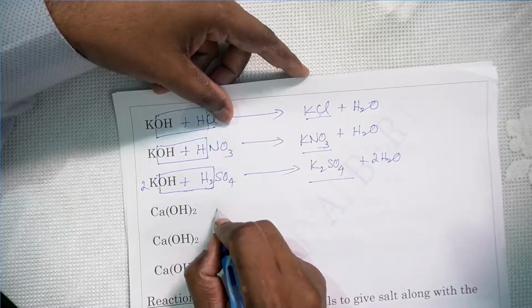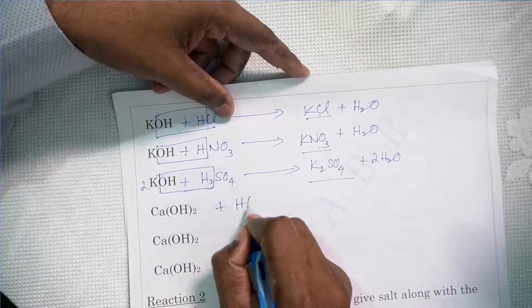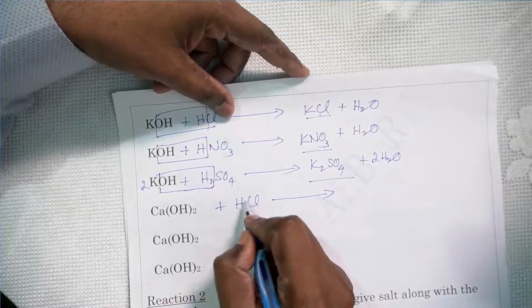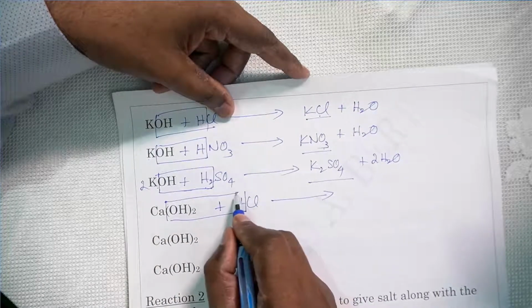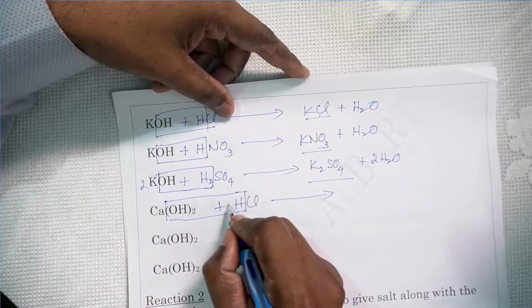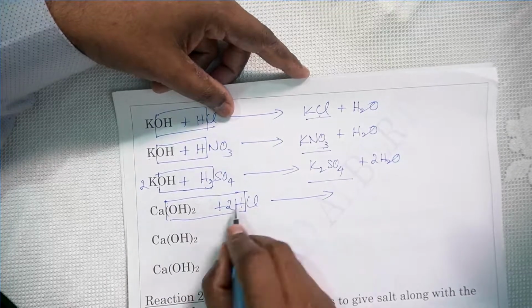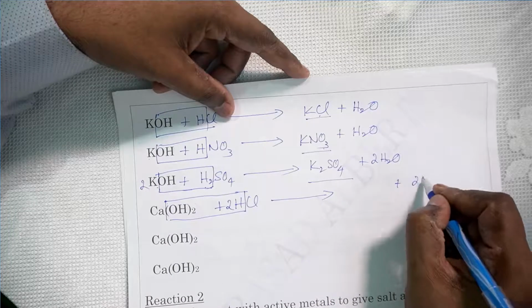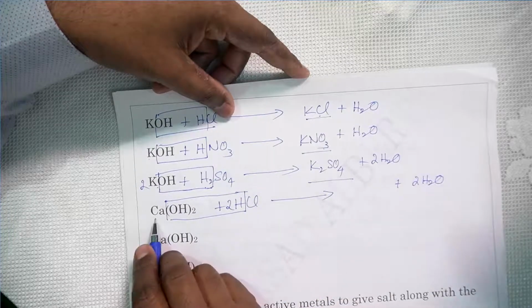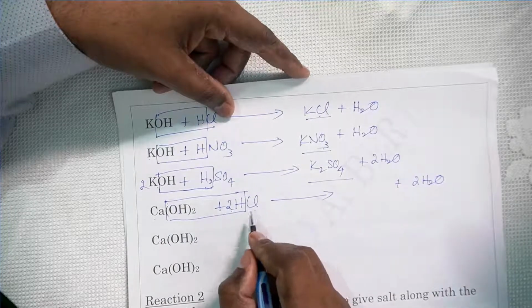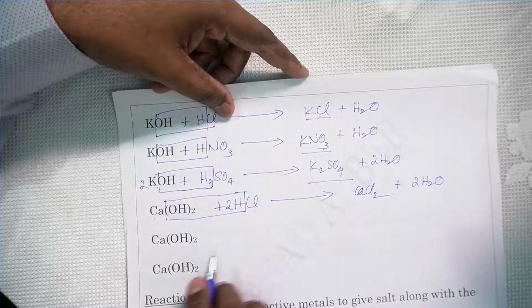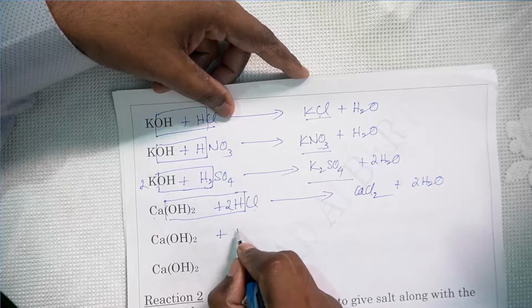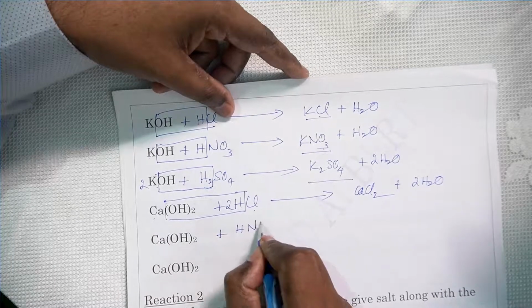Now calcium hydroxide, Ca(OH) whole twice, plus HCl. There are 2 OH groups here, so 2 HCl is required, 2 hydrogens required to form 2 molecules of water. The remaining is Ca, and 2 HCl means there are 2 chlorines, so CaCl2. Now plus HNO3.